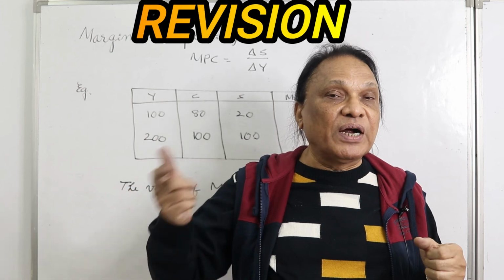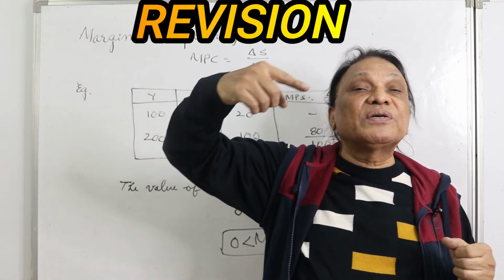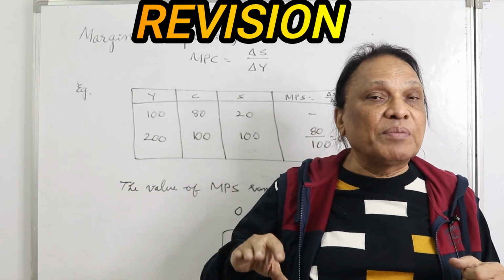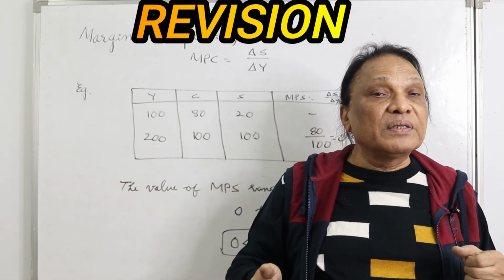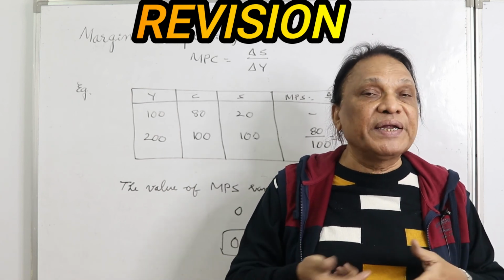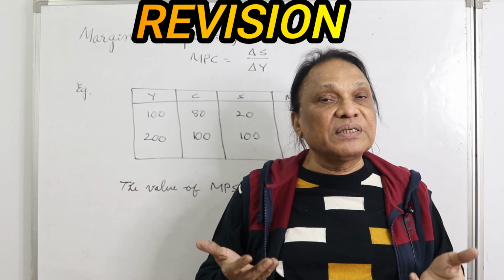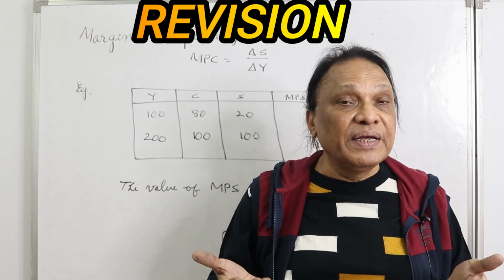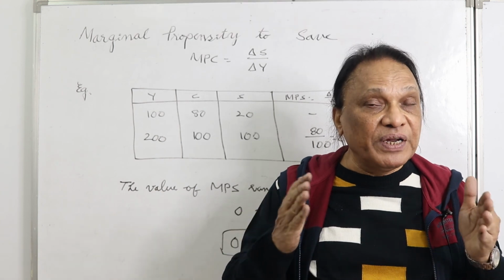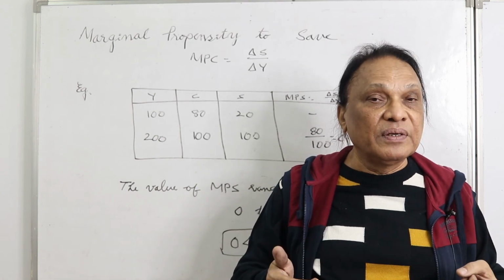It can't be 0, it can't be 1, because delta Y can never be equal to delta S. Whenever the national income goes up in the economy, consumption and savings both will increase. So neither MPS nor MPC can ever be 0 or 1. They always range between 0 and 1.